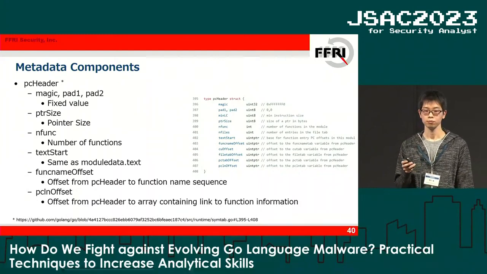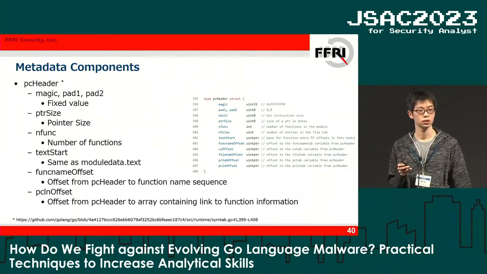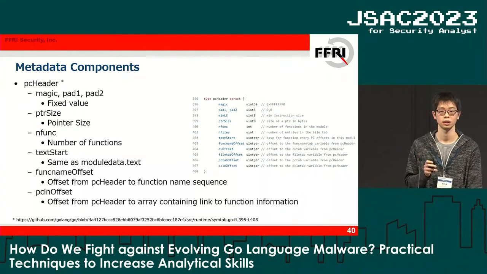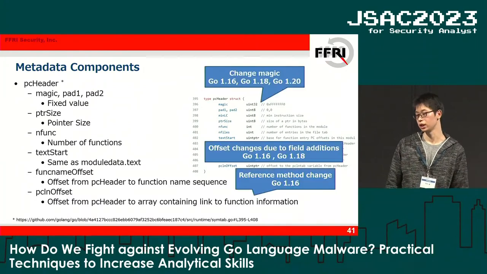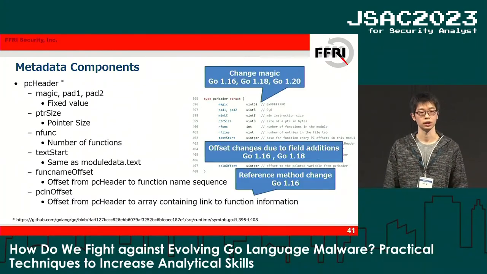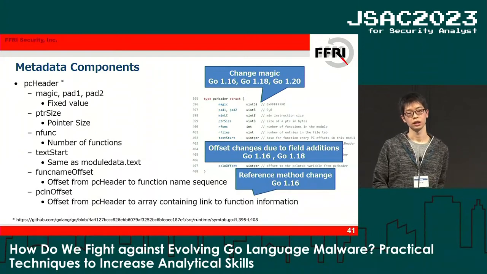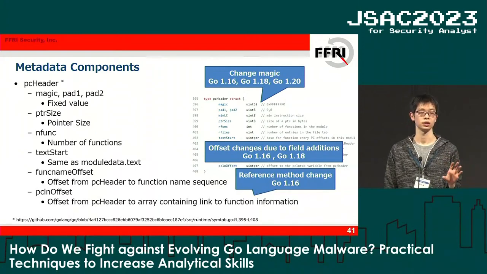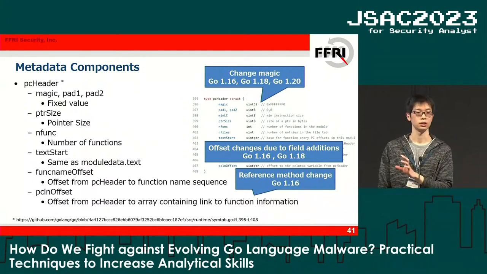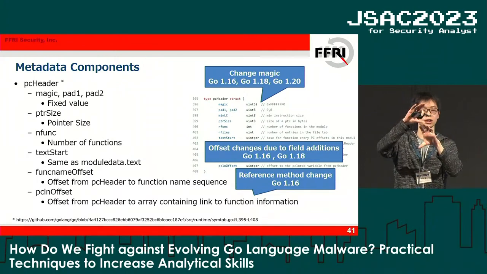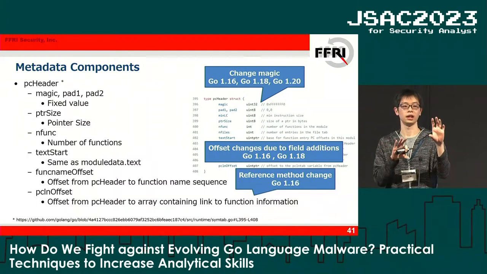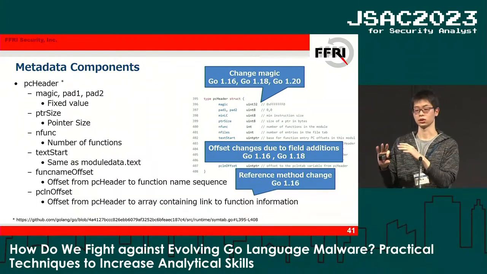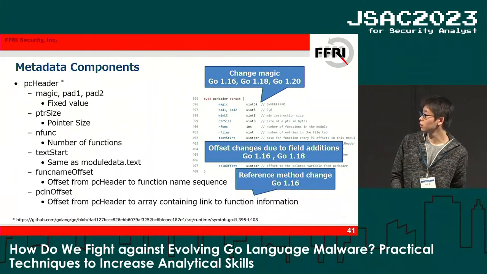Now I'd like to talk about the PC header. In front of the PC header, there's a fixed value, and other information is the number of functions, as well as the information to resolve the function information. There's PC offset information, and there have been some changes in the past, such as a major change where the PC offset did not exist, but the link for the function information array was at the end of the PC header, and the array can be referenced with the PC offset.